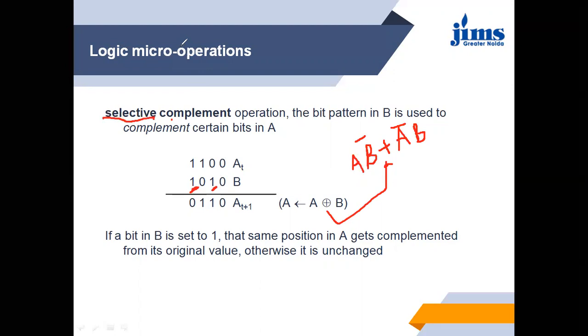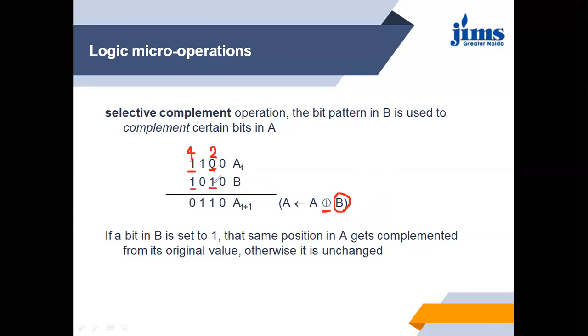You can see from here also that we want to complement this bit and this bit, the first, second and fourth bits of register A. Then we will perform the XOR with B, where the values are 1 and 1.